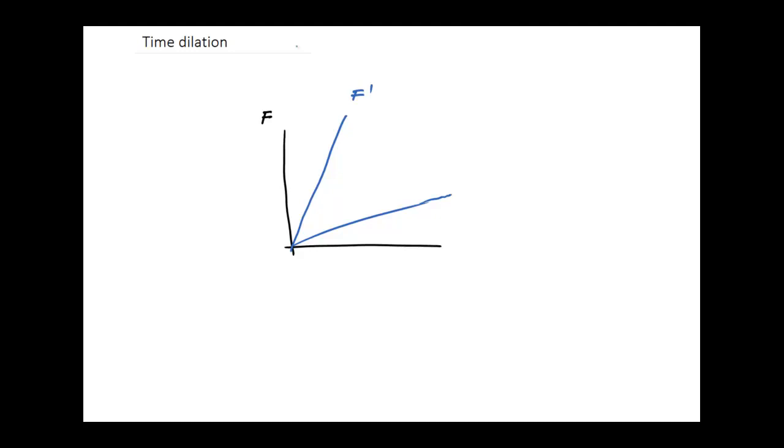So the world line of the moving clock is parallel to the time axis of F primed. So in the reference frame F primed, the clock is at rest, and relative to F, the clock is moving.